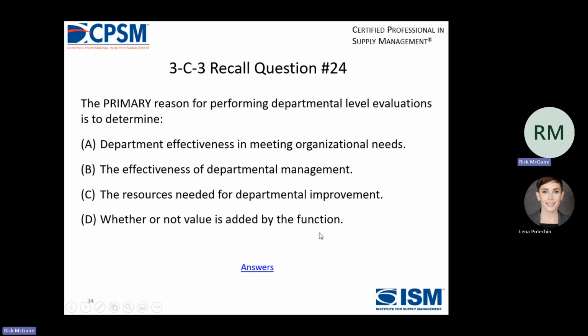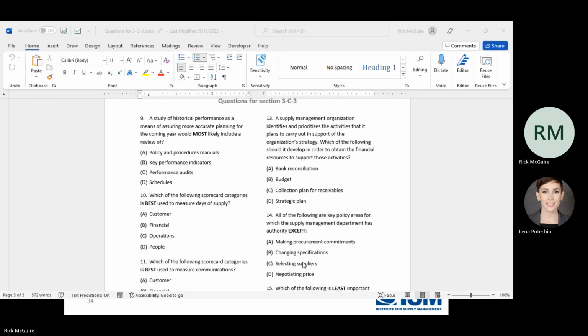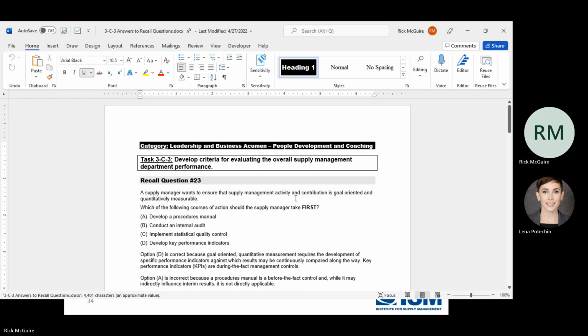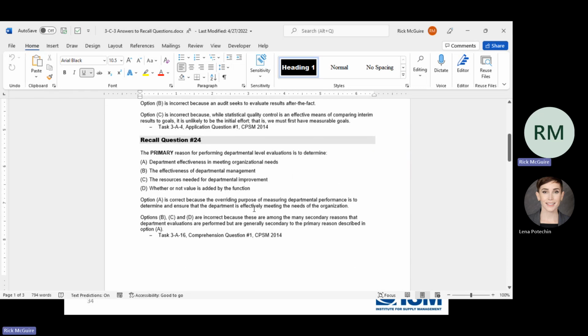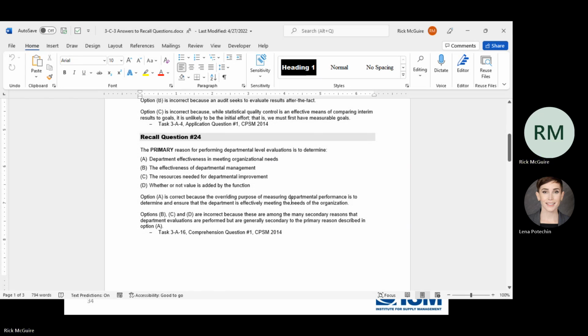Whether or not value is added by the function. I don't think so. I think it's probably A. A it is. Measuring department performance is to determine and ensure the department is effectively meeting the needs of the organization.